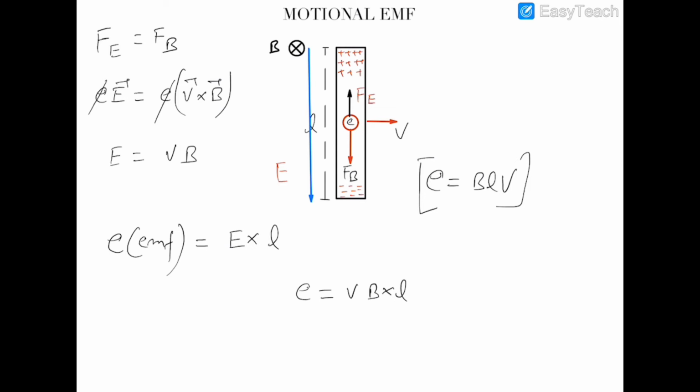B is the magnetic field, L is the length, and V is the velocity, and all three are mutually perpendicular.